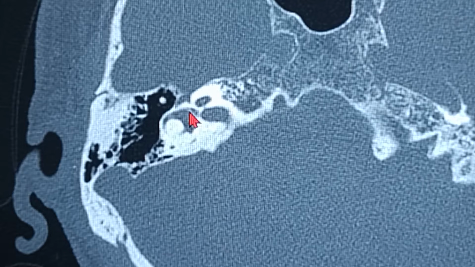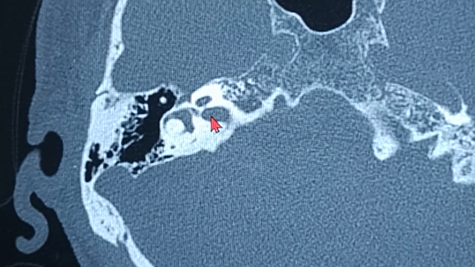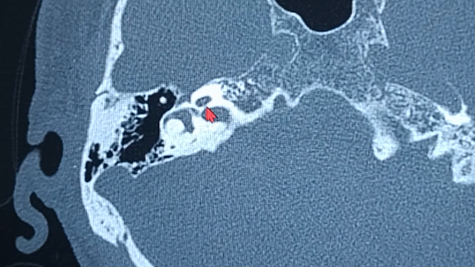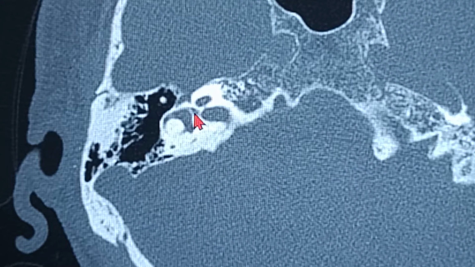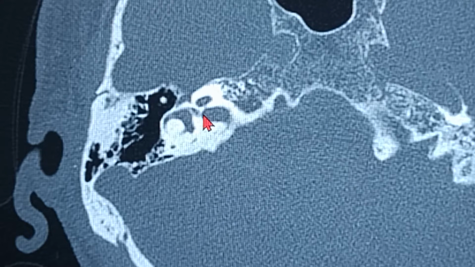That's the entry point of the vestibular nerve, which is in connection with the vestibule and the IAC. So the cochlear nerve enters like this, and the vestibular nerve is entering from here. So from a level which is below, you're going to see the inferior vestibular nerve and the cochlear nerve.